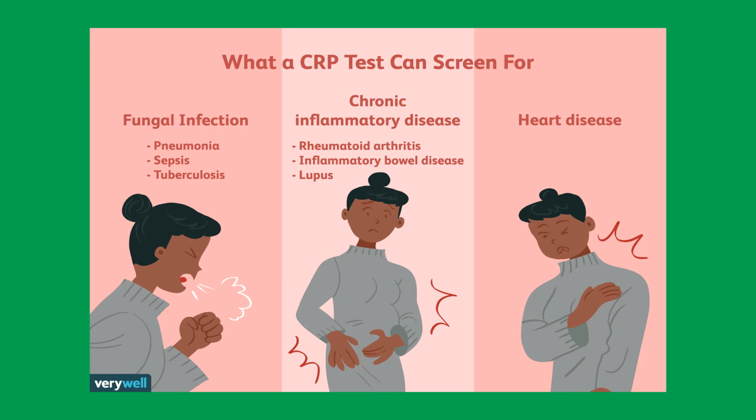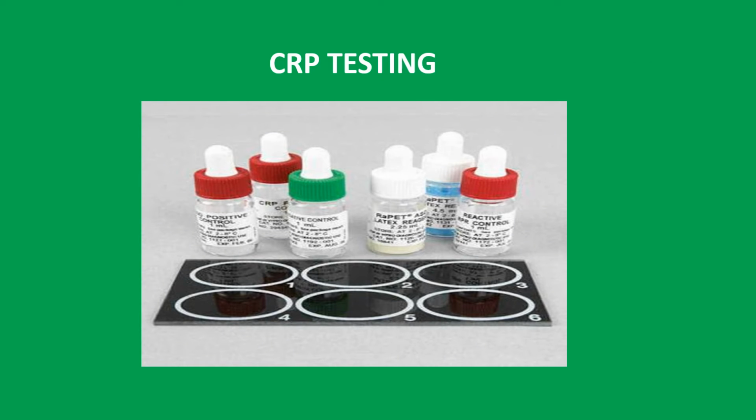And as I mentioned earlier, the CRP, specifically your high sensitivity CRP, can also be a biomarker for heart diseases like your myocardial infarction. So this is one of the methods to test your CRP in the laboratory using your latex agglutination test.